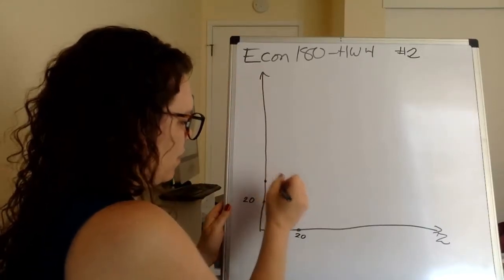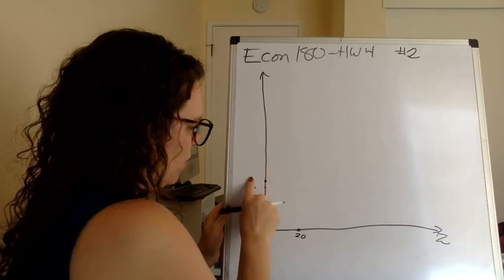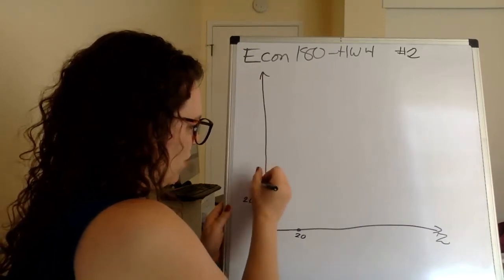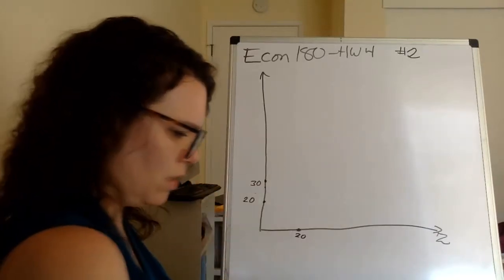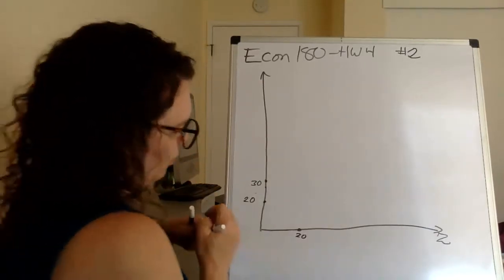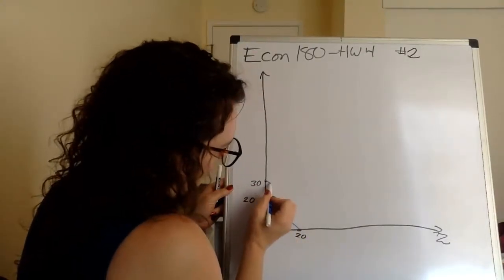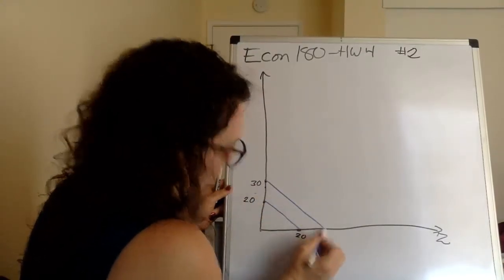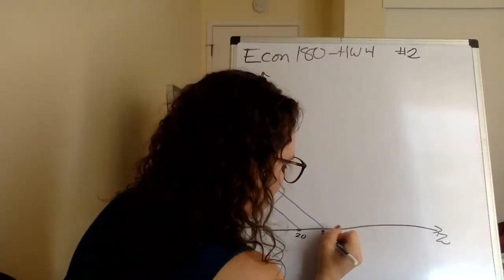Demand 2 is going to be a little bit lower. Oh, maybe not. 30. Let's do these in one color. Try to keep them symmetrical. 30.